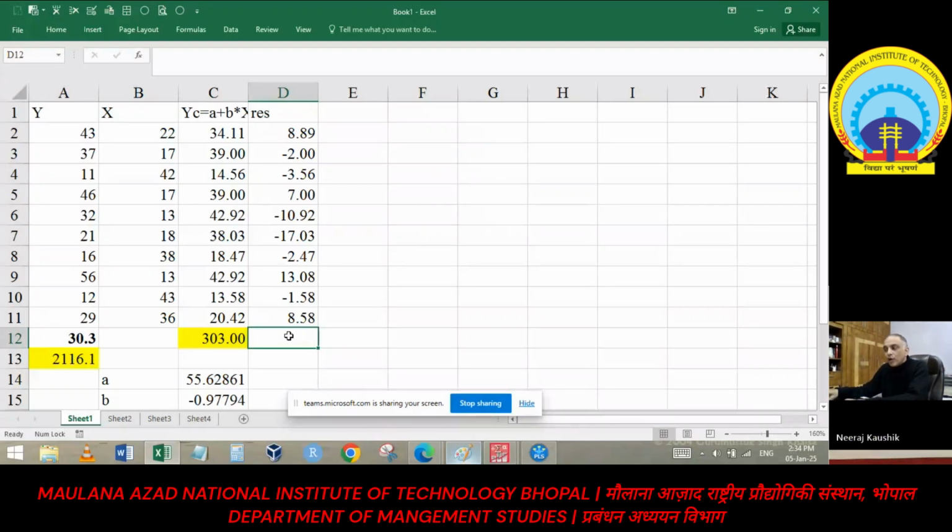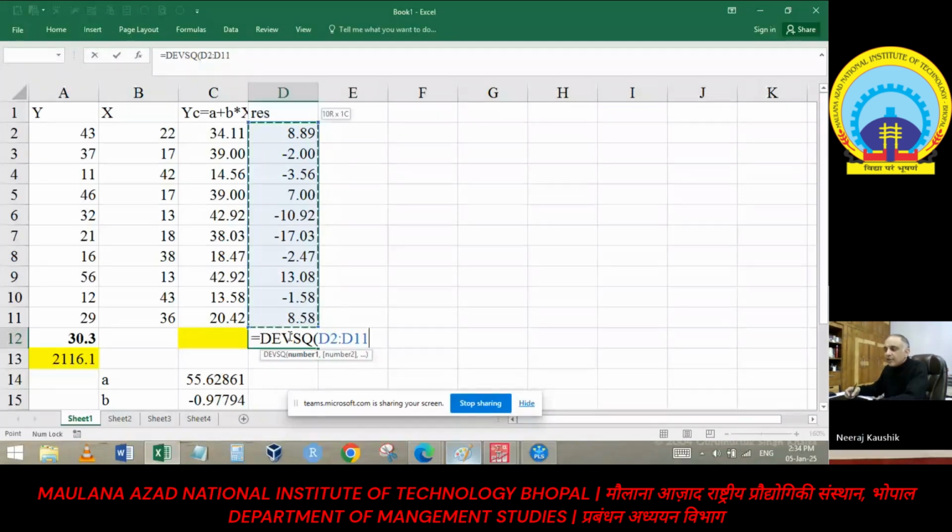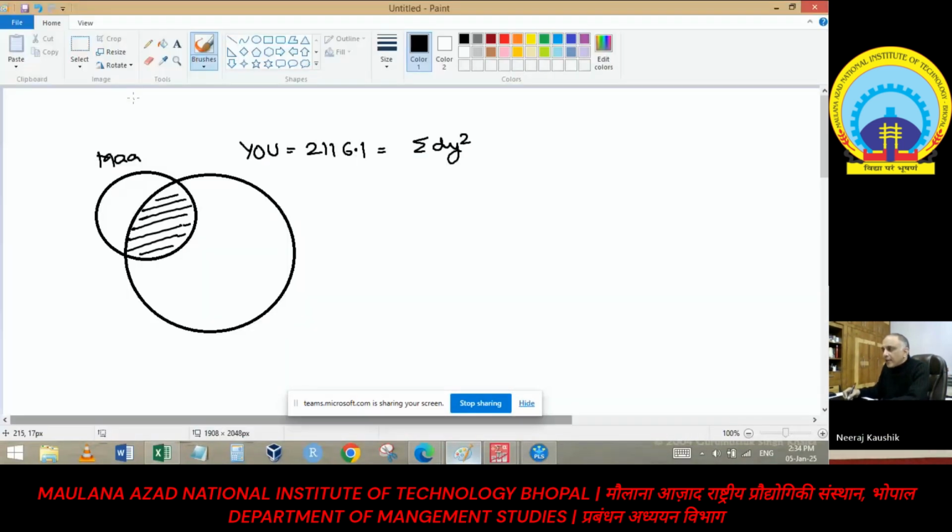How to know that? Earlier we worked on the 2116 using a method. Apply the same method here also. DEVSQ comes to 806. It means now, instead of me and you, if I write here, this is the X part and this is the Y part.